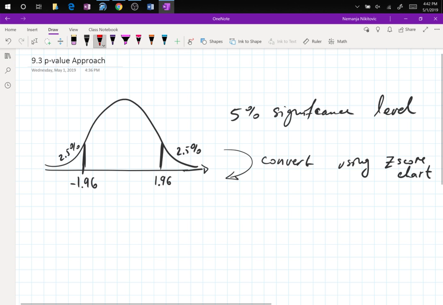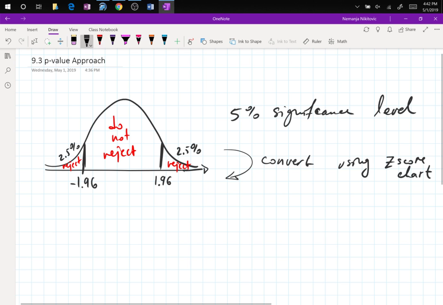So now we are creating a do not reject region in the middle, and a reject region if you run into either of these two.